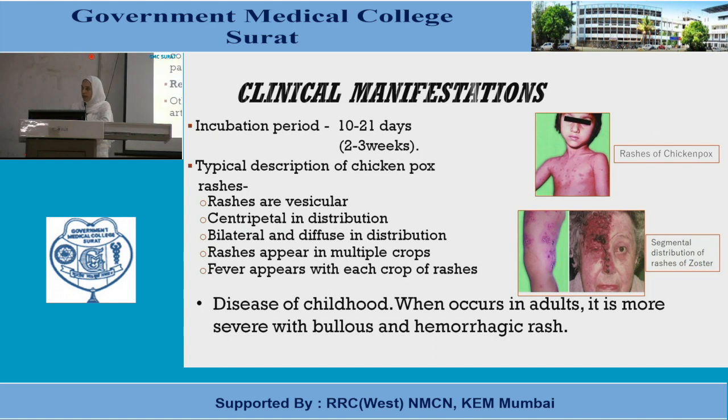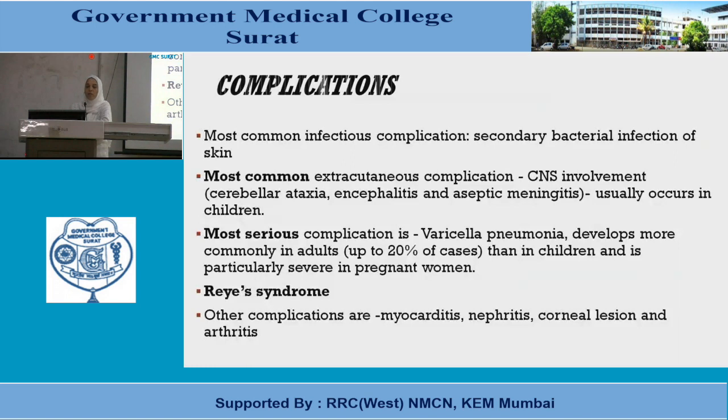Now the complications. The more common ones are infectious complications causing secondary bacterial infection of skin. The most common extracutaneous complication is CNS involvement. Patient may have cerebral ataxia, encephalitis, aseptic meningitis, and this usually occurs in children.